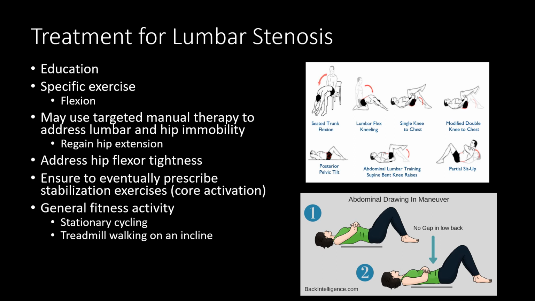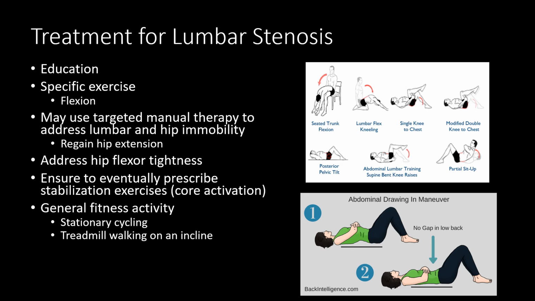We want to eventually prescribe a core strengthening stabilization program. Again, all of that's going to be based upon this abdominal drawing-in maneuver, getting the transversus abdominis activated, and then we're going to proceed from there.